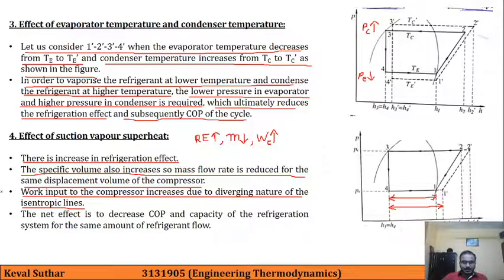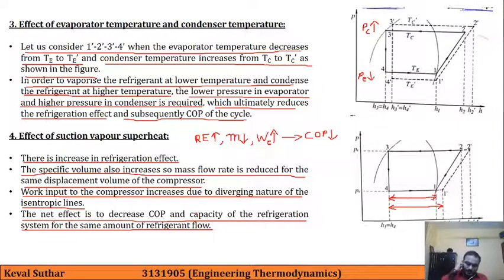So the net effect will be decrease of COP. So this will result in decrease of COP and decrease in capacity of refrigeration system for the same amount of refrigerant flow.